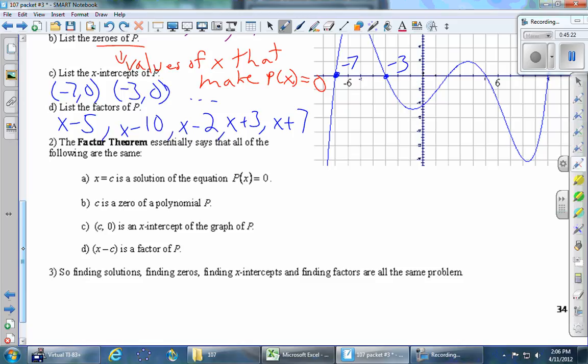Okay, so the one reason I wanted to stay on this page for a second is this guy right here says x minus c. So that's going to be really common, and it's going to be really easy to make a mistake. If I tell you that 2 is a 0 of p, then what factor am I talking about?